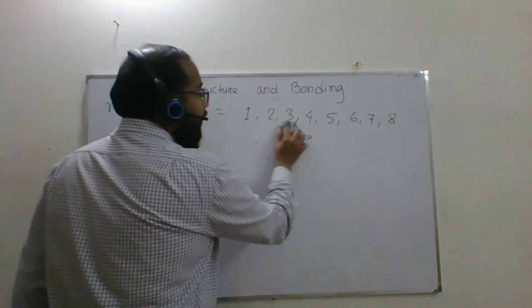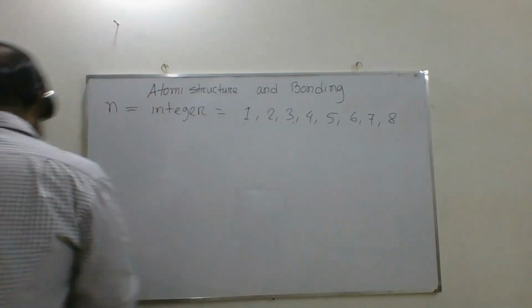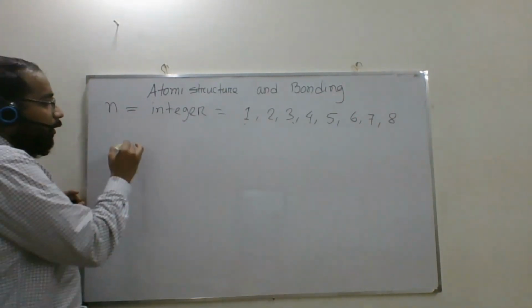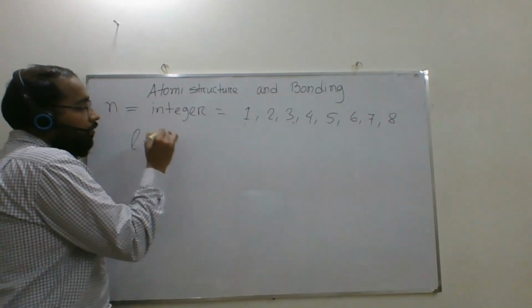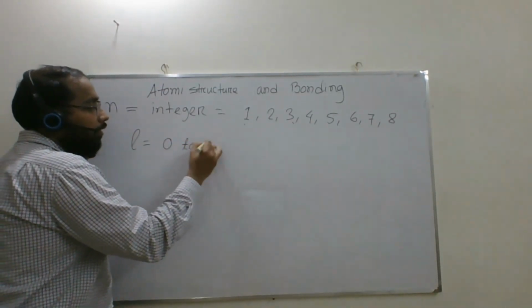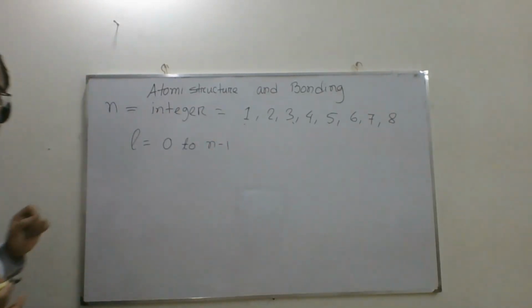So L is the number that determines the orbital. The value of L is basically L equal to 0 to n minus 1.